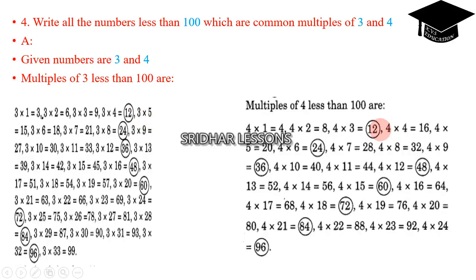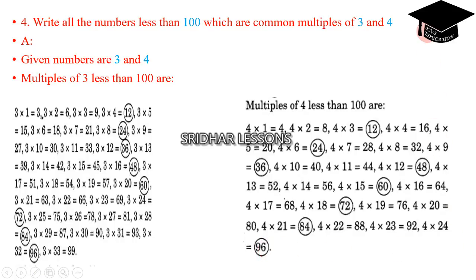12. See here 12, 24, 24, 36, 36. These are the common multiples for the numbers 3 and 4. 48, 48, 60, 60, 72, 72, 84, 84, and finally 96 and 96.